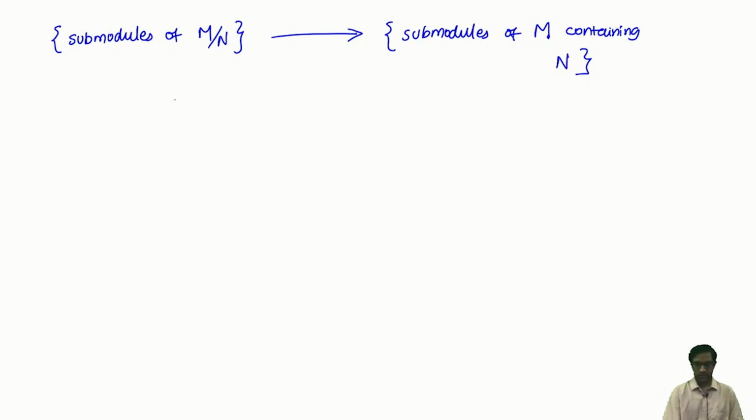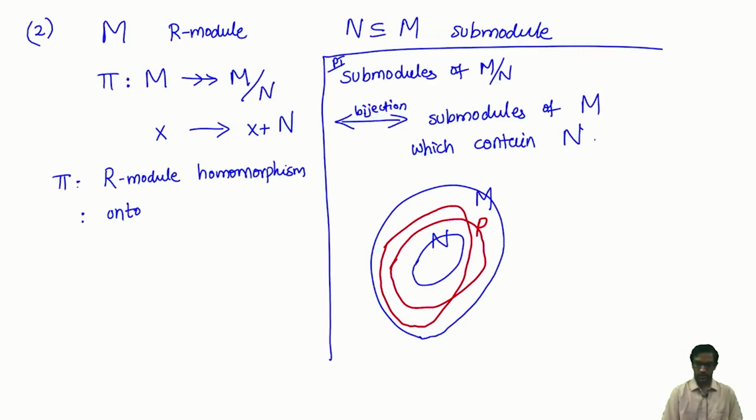Let's go in the forward direction. If I have a submodule of M modulo N, let's go back to the quotient map, which is a map from M to M mod N. So what I could do is the following.